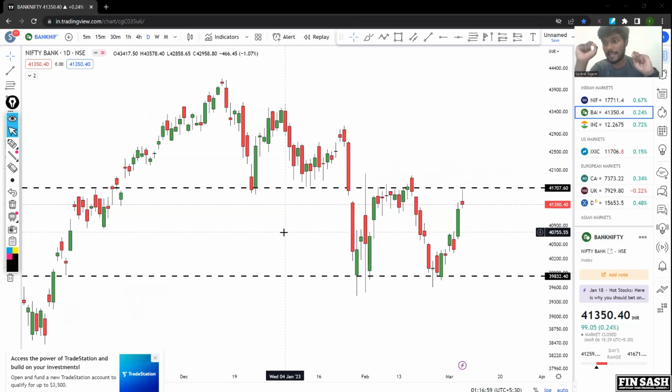I usually hand draw my support and resistance because I can get a clear view on where the big players are trying to book their profits, where the big players are trying to square off their positions. And I want to tell you guys this, literally every indicator in the world is derived from this.